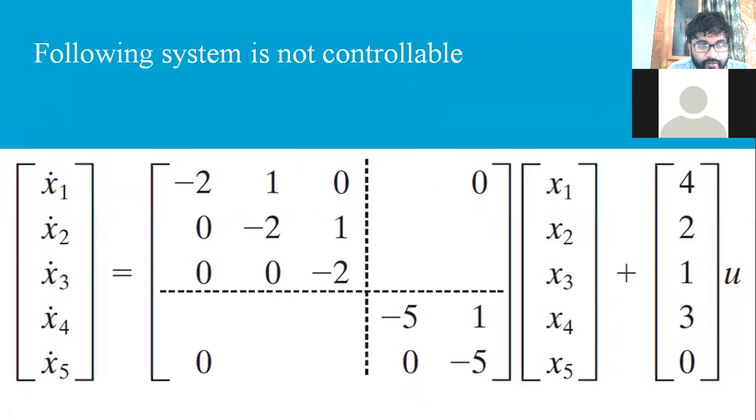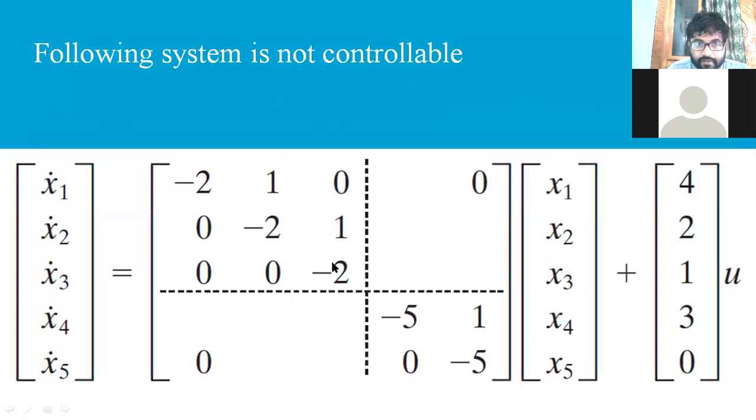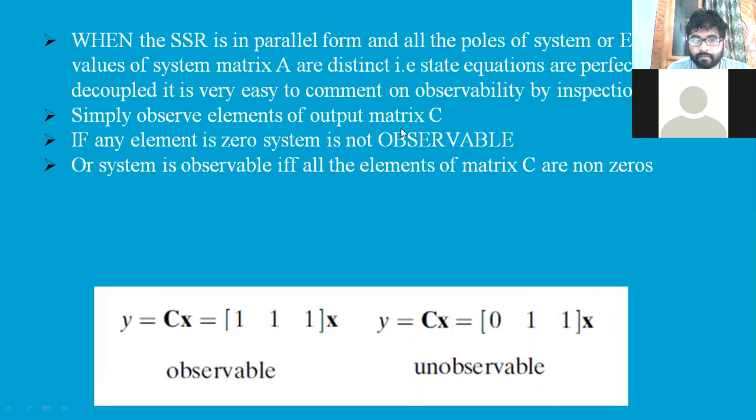So before observability, let us see some non-controllable examples. This is a fifth order system having two repeated roots, -2 and -5.